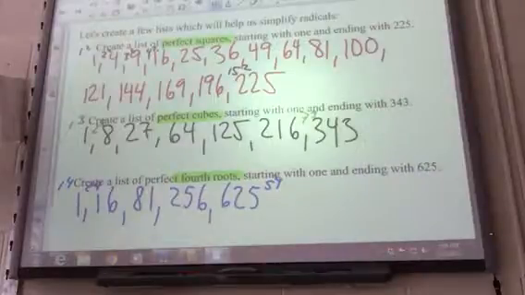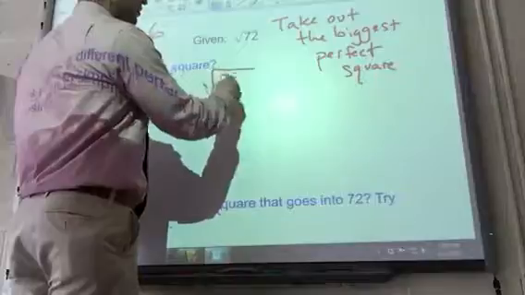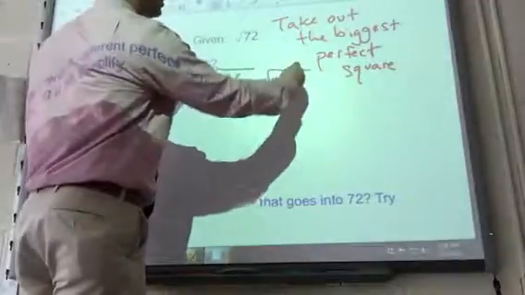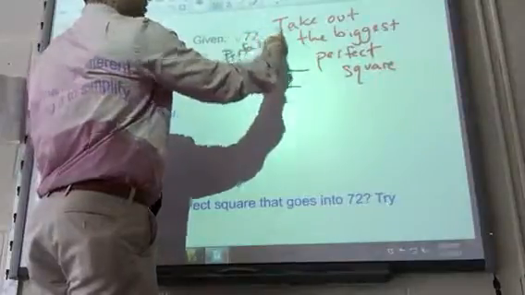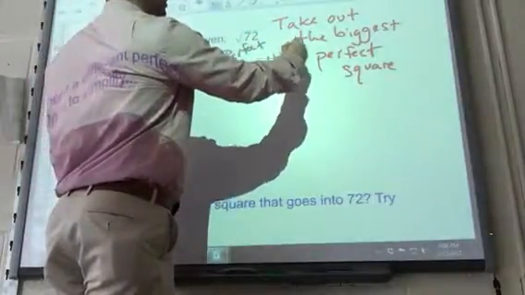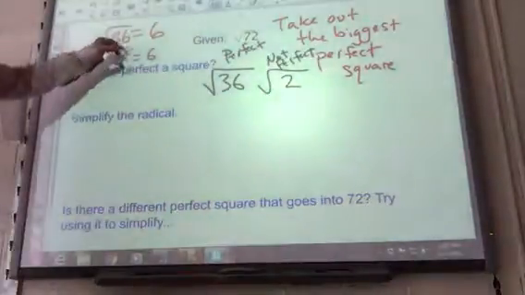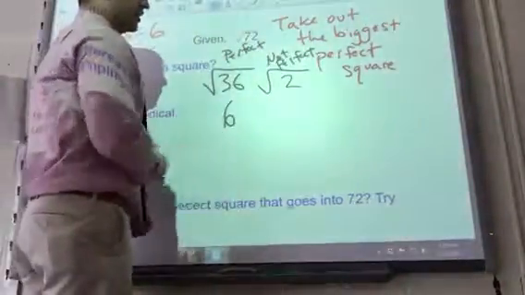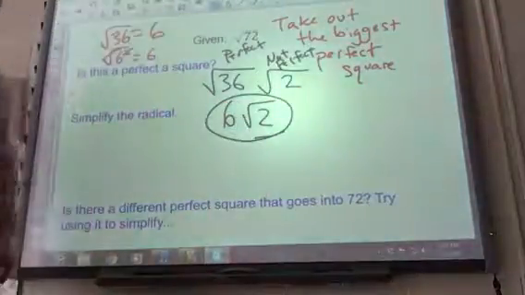I can find a few of them, but we look for the biggest one, and that's 36. And it goes in twice. So I put my radicals as a perfect square, and then you basically have your leftover not perfect part. We said the square root of 36 is 6, because 6 squared creates it, and you just leave the not perfect part, and that's how you simplify it.